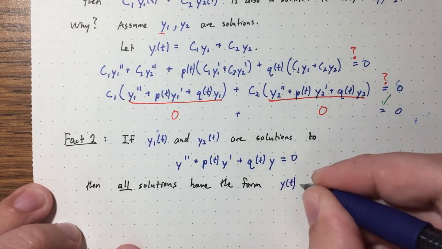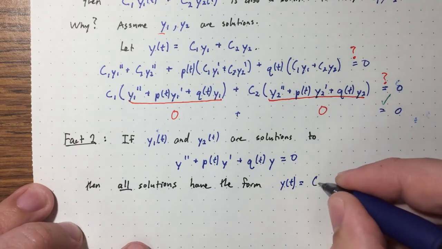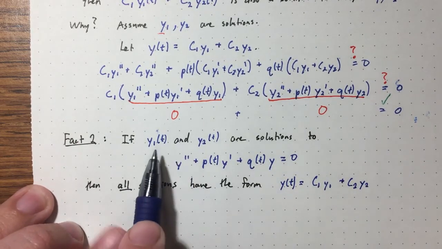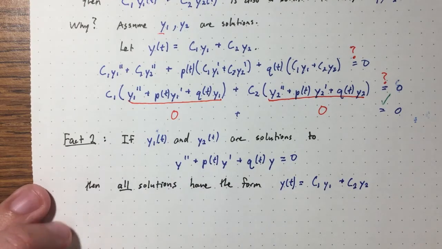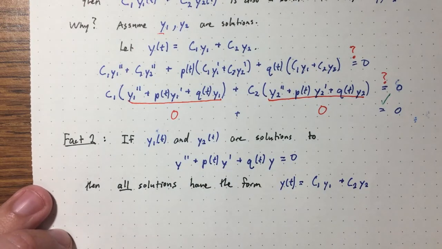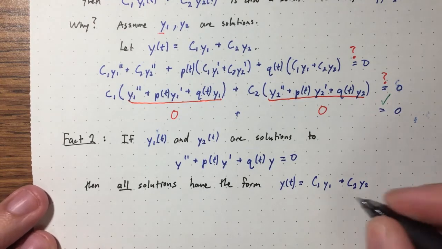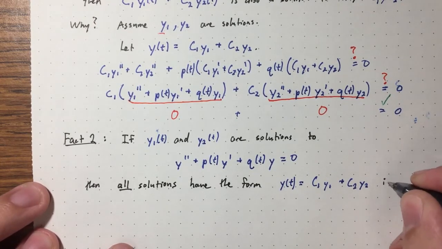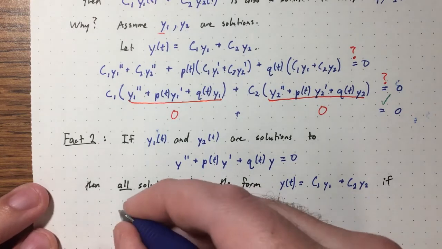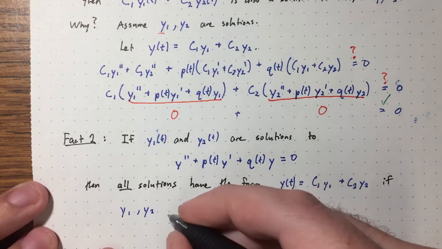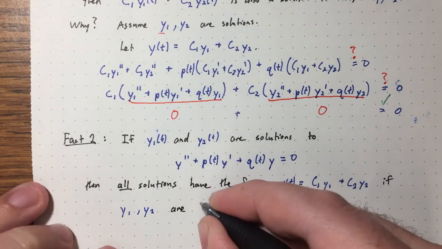So they have the form C1 y1 plus C2 y2, where y1 and y2 are just those 2 that you happen to start with. And this isn't always true, but this is true if y1 and y2 are linearly independent.